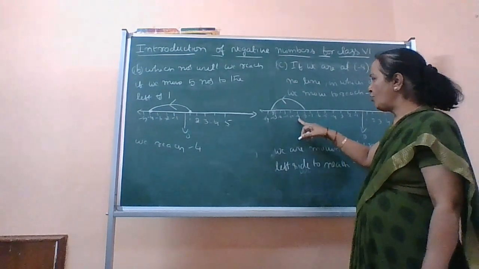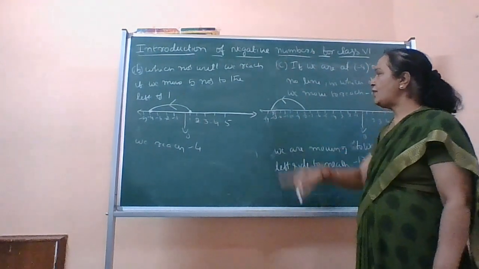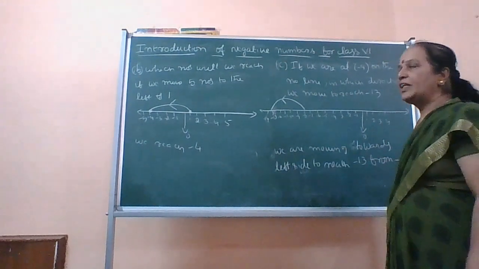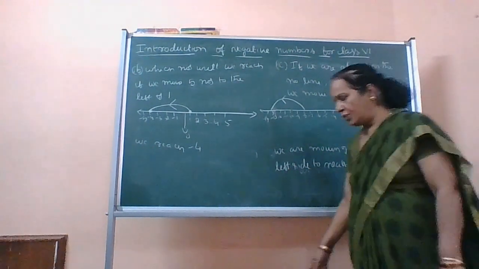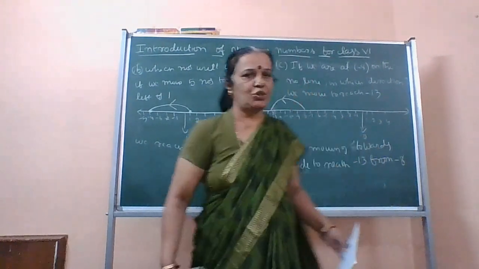From -8, that means 1, 2, 3, 4, 5 units we have moved towards the left side of the number line. And one more question from the textbook.